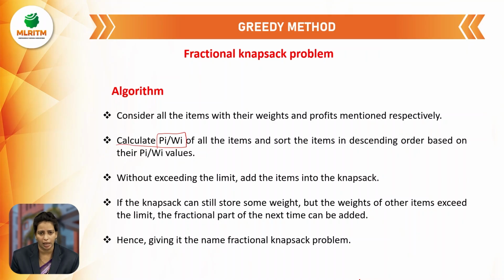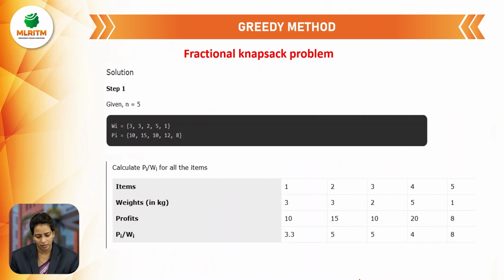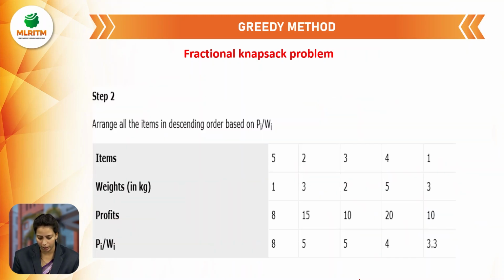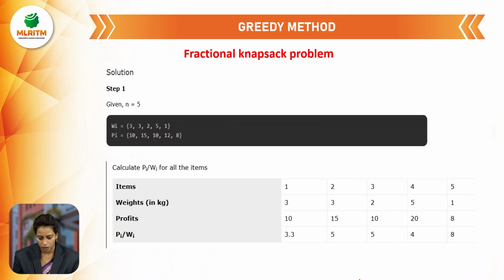The second step is to calculate the Pi by Wi ratio. We calculate the first item's Pi by Wi ratio.